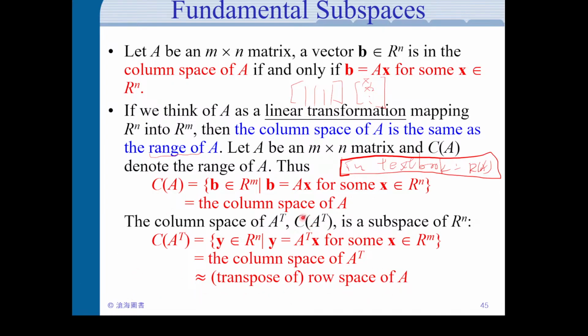We've seen this before, because we want to see things inside column vectors, so we need to make this weird transpose. And we also have the row space of A, which has a one-to-one correspondence to the column space of A transpose. Those are vectors inside Rn, vectors of n dimension. So the column space is vectors of m dimension, and the row space is vectors of n dimension.